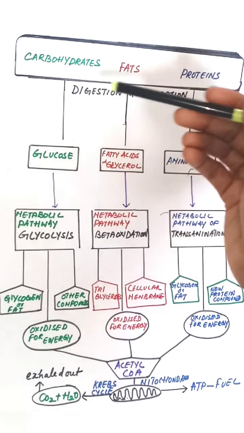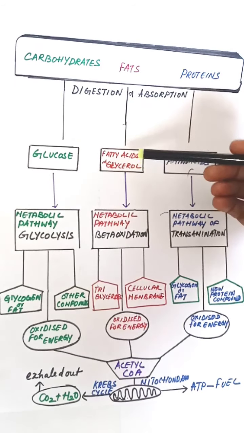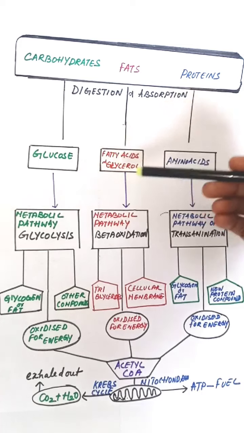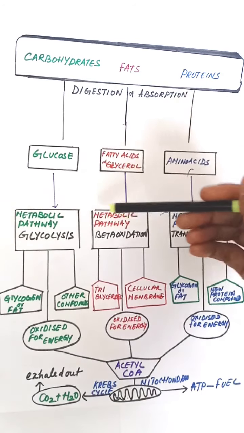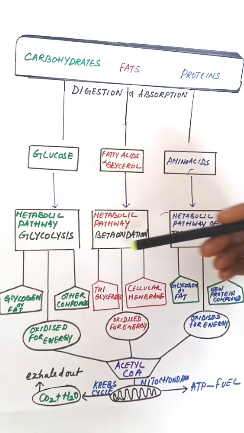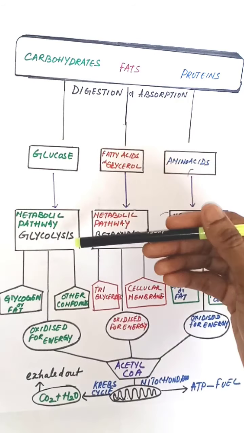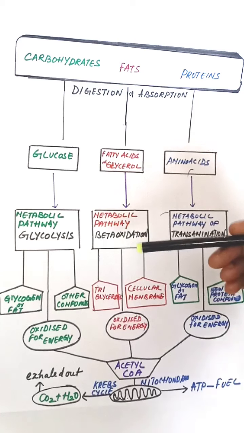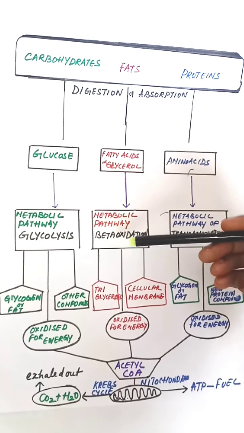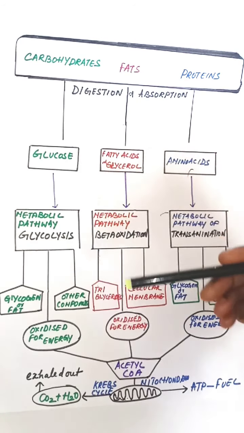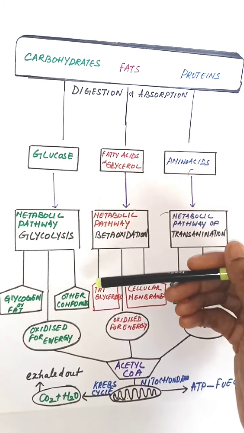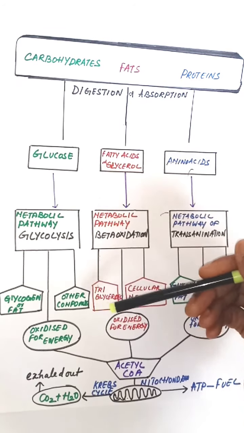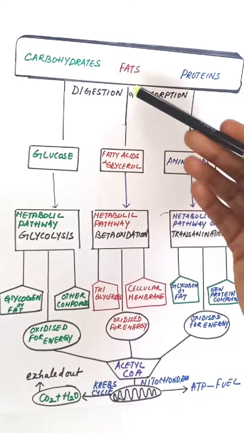Next comes the fat. After the process of digestion, it gets absorbed as fatty acids and glycerol. These fatty acids and glycerol have to enter the metabolic pathway called beta oxidation. For glucose, the pathway is glycolysis, and for fat, it is beta oxidation. Through this pathway, a part of them are stored as triglycerides, which is the storage form of fat.